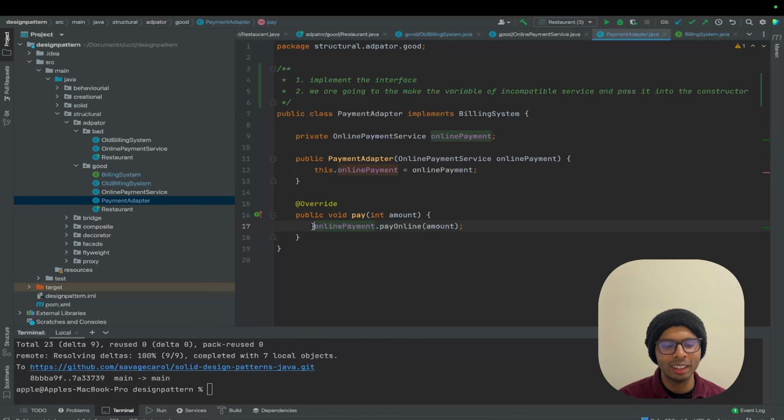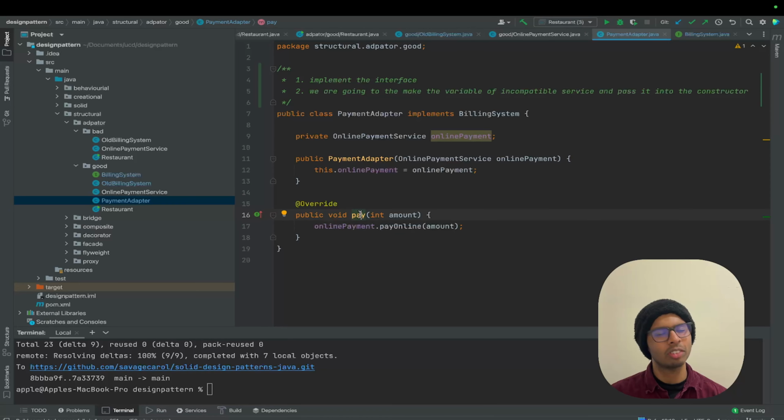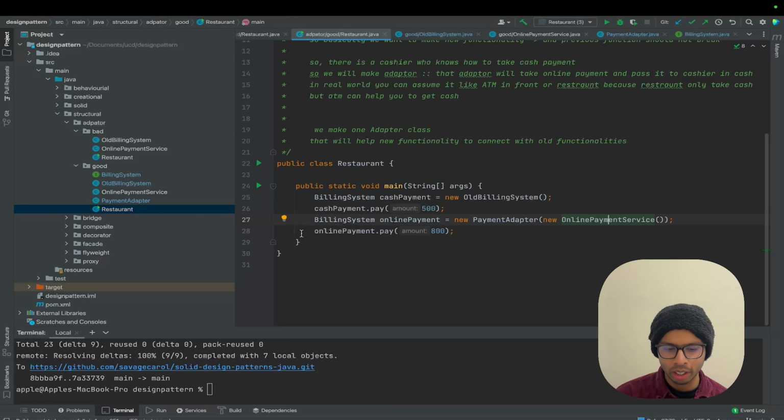So here we are going to call onlinePayment.payOnline. This is the important point. We are going to call the pay function only. Here also we are going to call the common function pay. So the billing system is thinking that we are again calling the pay function, but internally it is going to call the pay online function, and that is how we convert our online payment to our cash payment. So this is my restaurant.